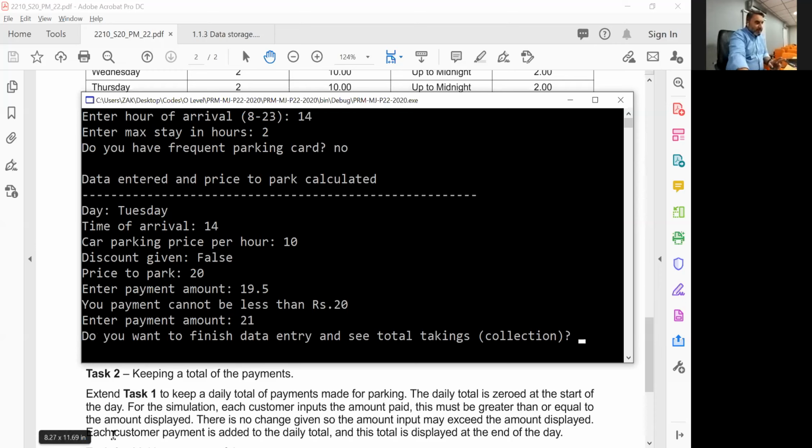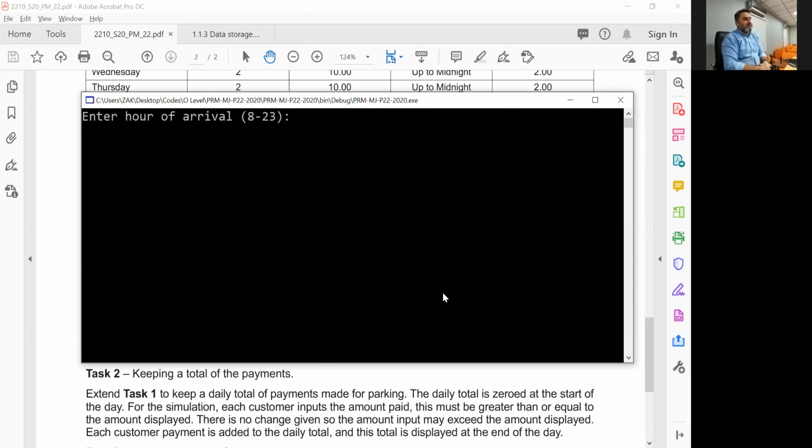Now, one customer's payment is done. Each customer payment is added to the daily total, and this total is displayed at the end of the day. So it is asking, do you want to finish data entry and see total takings, collection? I said, no, I have more customers to deal with. So since the day that was entered is the same, now this is the data entry for next customer.